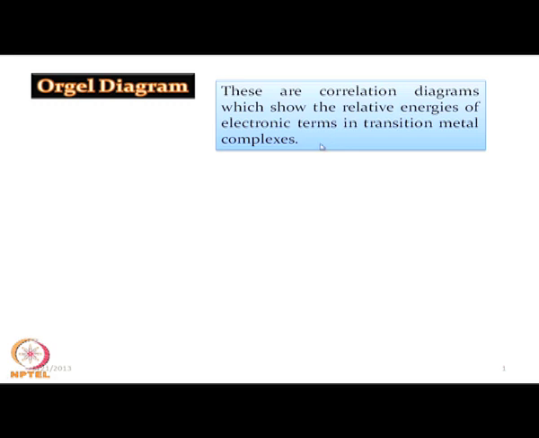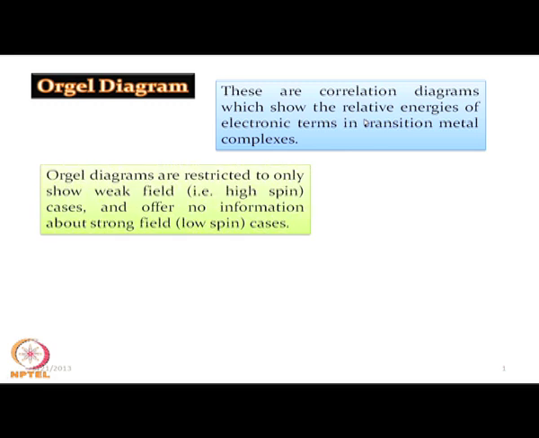That means involving one particular ground electronic term and the other one which is the excited one. So, we basically go for the corresponding correlation diagram for the relative energies of the electronic terms, and how the relative energies of these electronic terms will change.